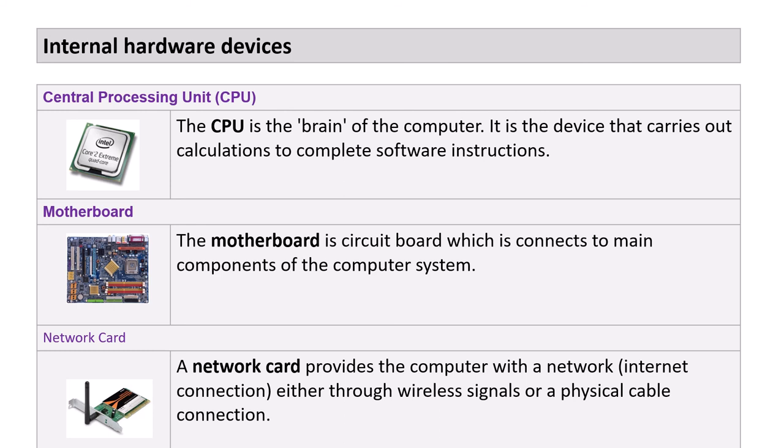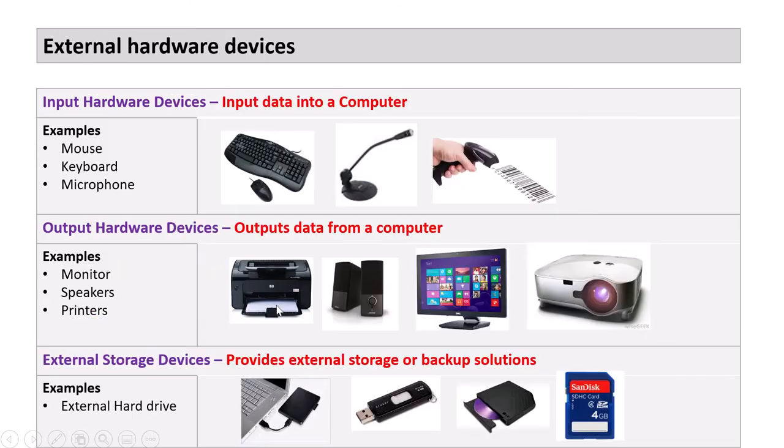Maybe you've had an example in the past where your Wi-Fi is not working, you are not getting internet on your computer, and you took your laptop for fixing. What the serviceman would have done is to replace your network card, because this is what provides internet into your computer.